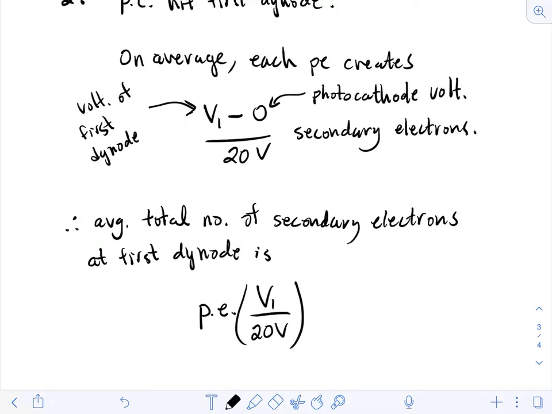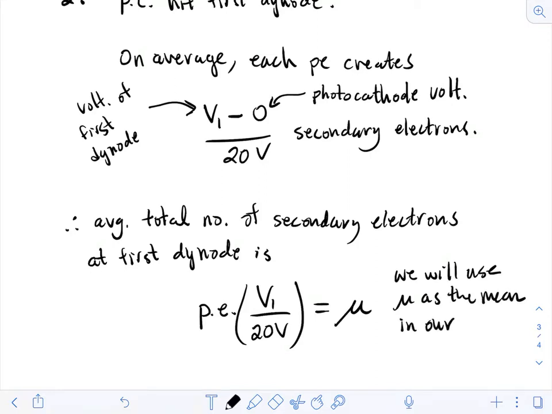So if it's 150 volts divided by 20, it's 7.5 secondary electrons for each of the incoming photoelectrons. And so what we're going to do is we're going to use that as the mean mu in our Poisson distribution. So we will use mu as the mean in our Poisson distribution.